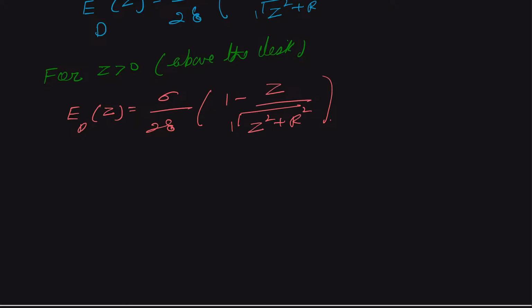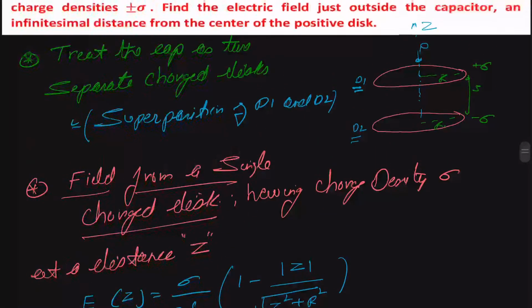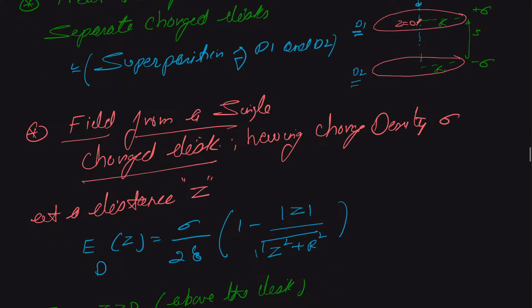And now we come to this particular question. We place the positive disk at z is equal to 0. Obviously this negative plate, because the distance between the two is s, will be at z is equal to minus s.